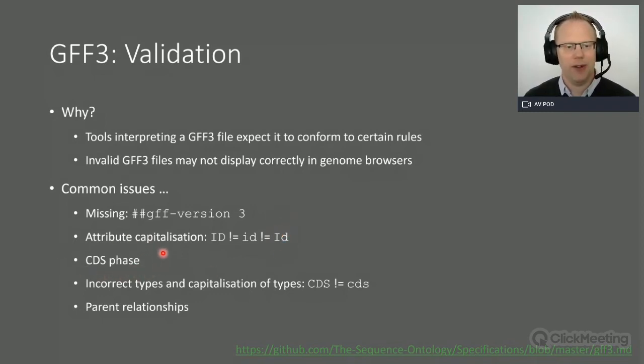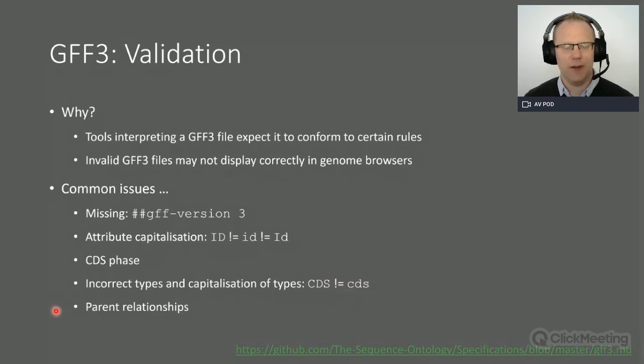Quite often, CDS features have an incorrect phase, and I'll describe that in the next few slides. The third column, this type column, quite often has incorrect types. That is, they are not strings from the sequence ontology or not sequence ontology accessions. So for instance, the sequence ontology term CDS uppercase is correct. And so quite often you'll see things like lowercase CDS, which is not correct.